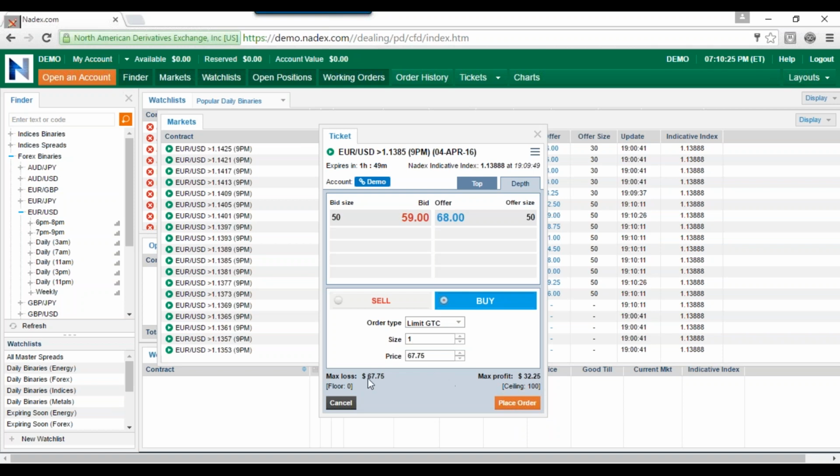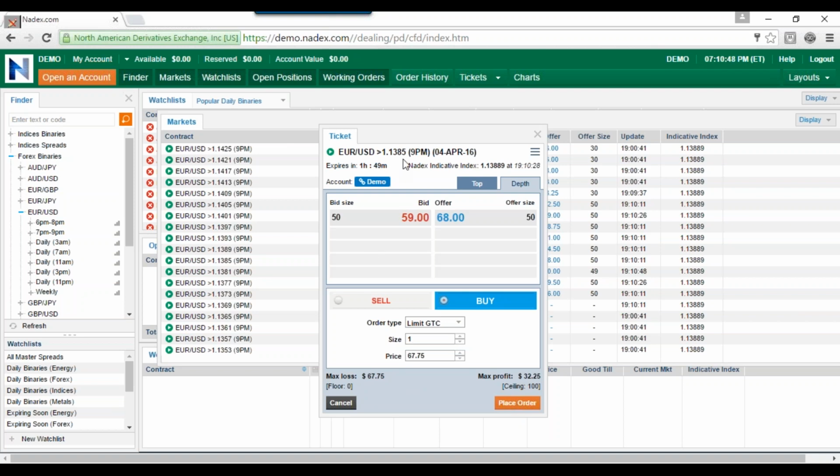So what I have to put up out of my account is 67.75. That's the amount of my margin, and that's my risk. My potential profit is the difference between $67.75 and $100. So I know right away up front what my risk is.